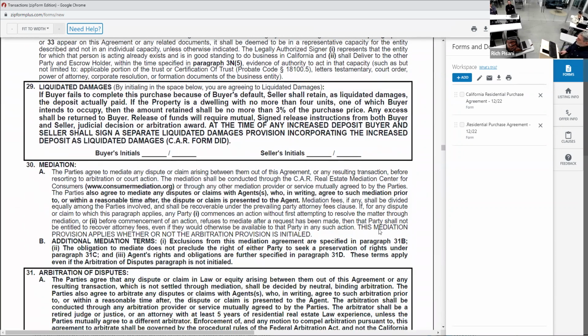Liquidated damages: this is why, if it's owner occupied, the primary residence, the seller wants 3% down, meaning that it's limiting the damages to the 3%. Now, if it's not owner occupied and somebody puts more than 3% down, then that whole amount is in jeopardy as a default.